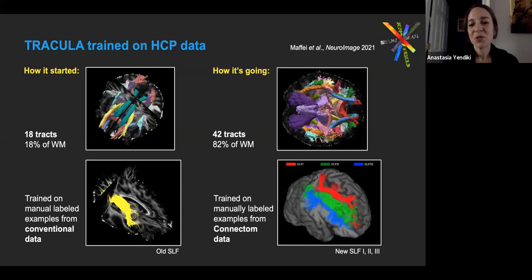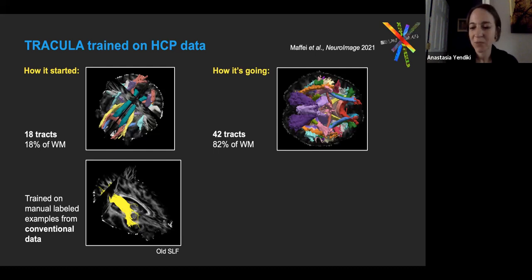So the idea is to use this very high quality data to train the algorithm, but then apply it to conventional quality data that can be collected on any scanner by any regular study.